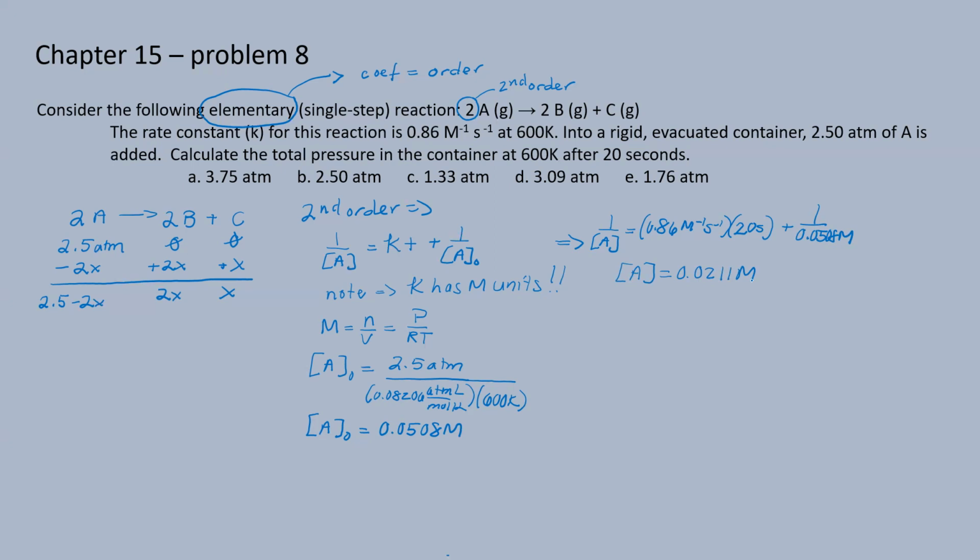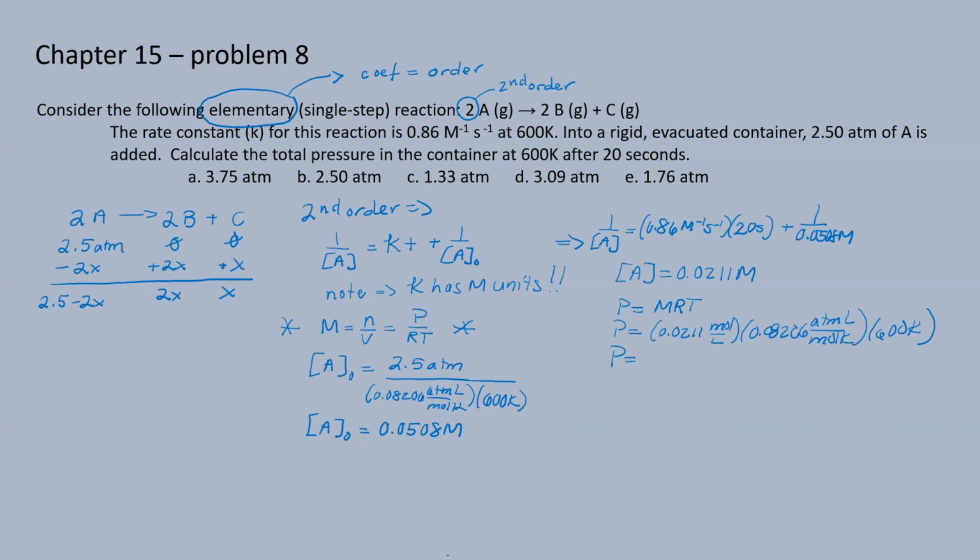Now I'm going to convert that back to pressure. So pressure, taking my equation over here, is molarity times RT. So the molarity we got, 0.0211, times little r, times 600 Kelvin.